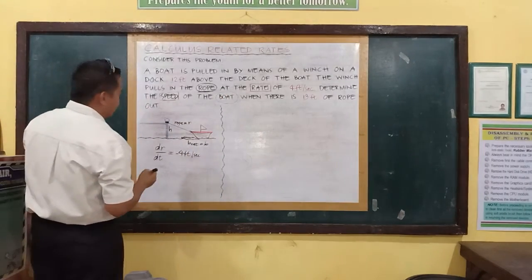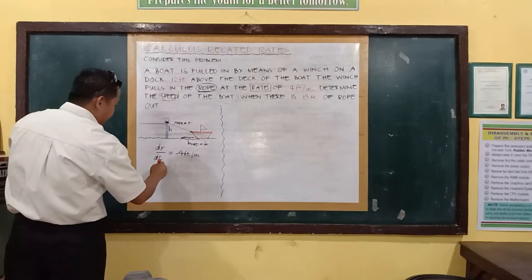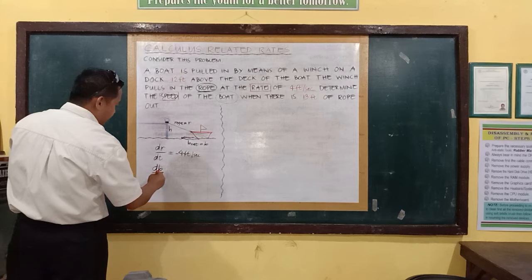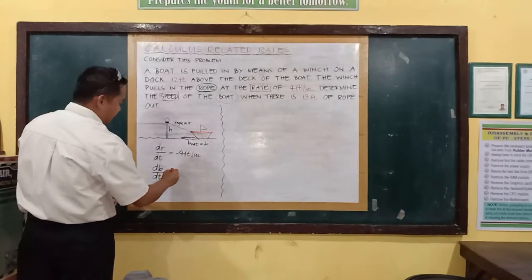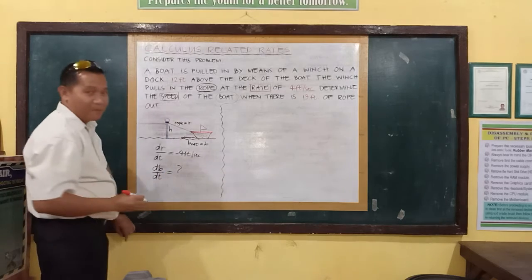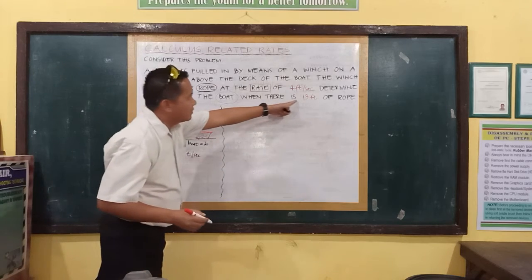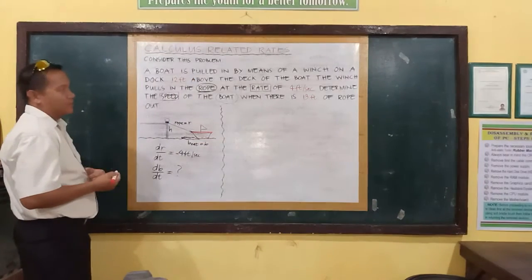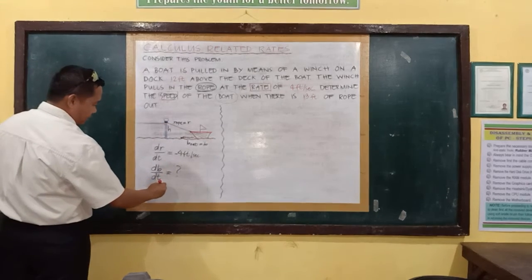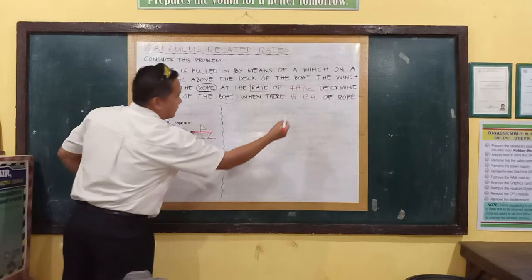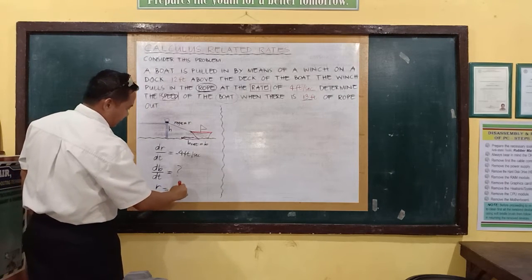So we have here the derivative of the boat with respect to the derivative of the time is our question. When there is 13 feet of rope out, this is our rope, R equals 13 feet.